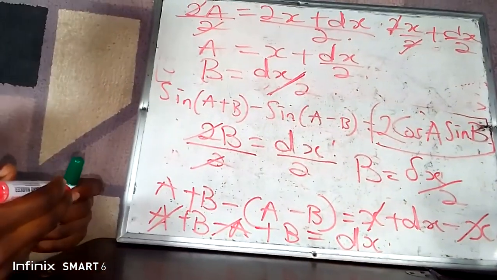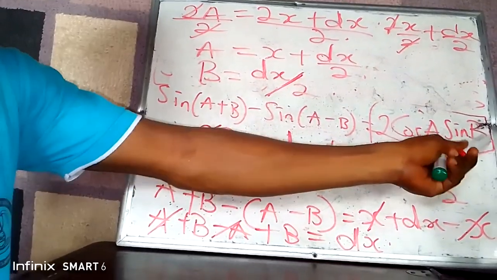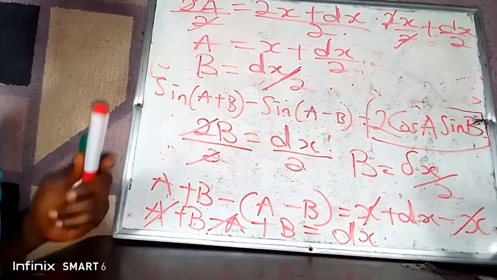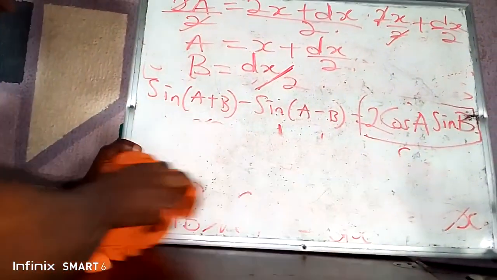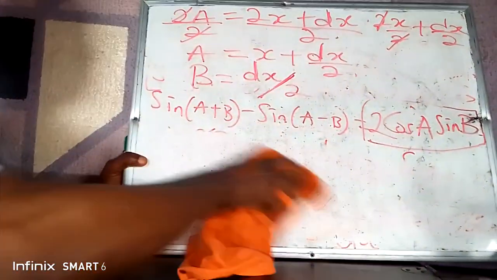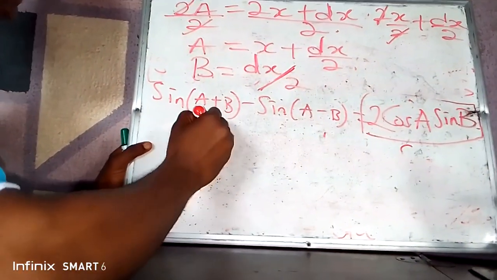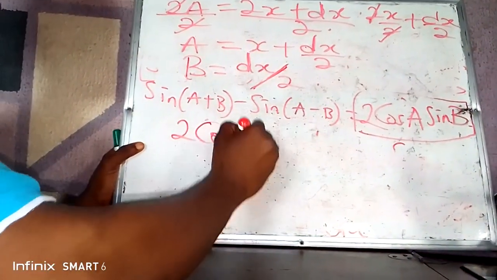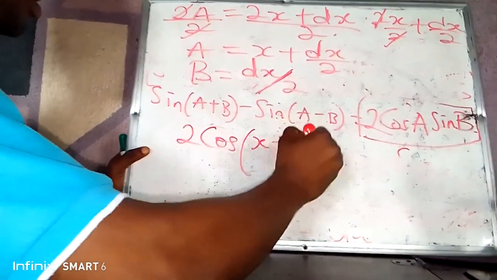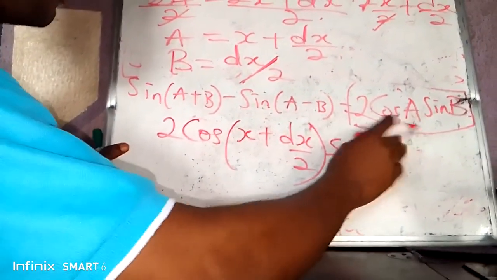So we have gotten a, we have gotten b. So we now need to substitute for a and b here. Now that means we're going to have 2 cos, what's our a? Our a is x plus dx all over 2, sin, what's our b?